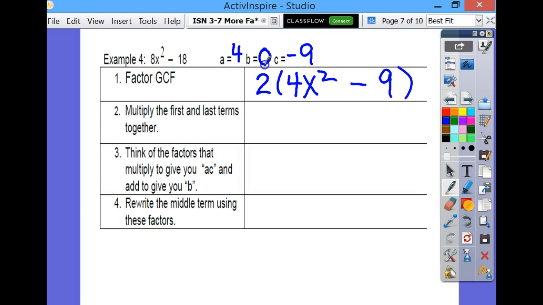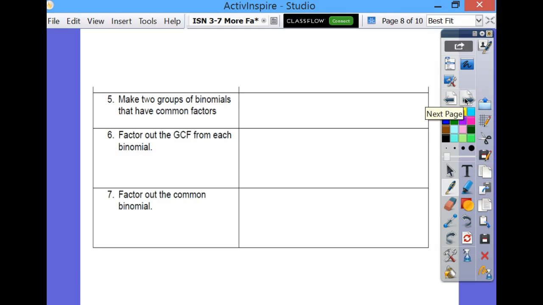If the middle term is 0, if this is a negative, and if the 9 and the 4 are perfect square numbers, there's one more shortcut. I don't have to go through all of these steps. I can go right here to the answer. The answer is going to have that plus minus or minus plus pattern.